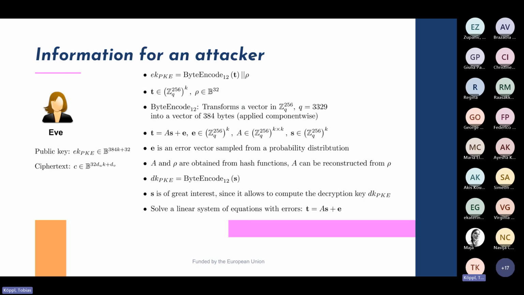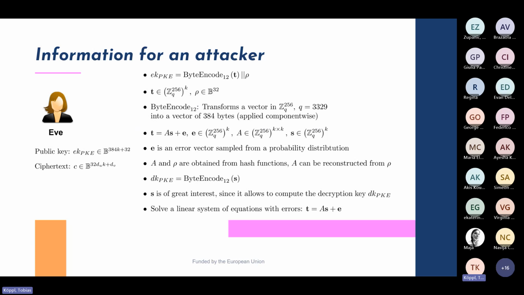What you have to solve in order to recover the encryption key, or the secret key S, is a system of equations over some modular ring. This system of equations is T equals A S plus E, where you only know T and A. E is unknown and S is our target that we actually want to recover.